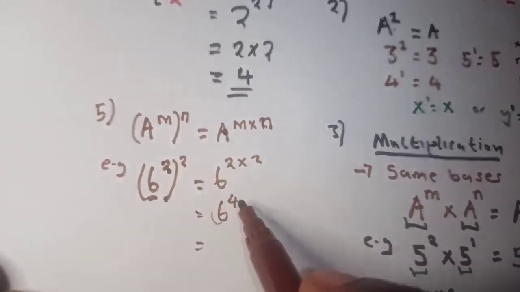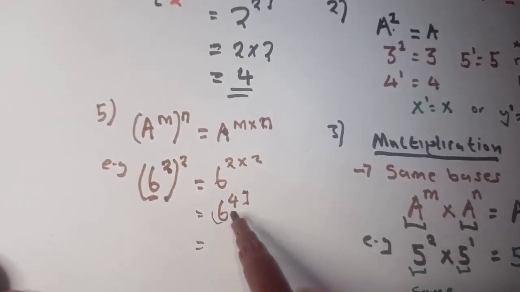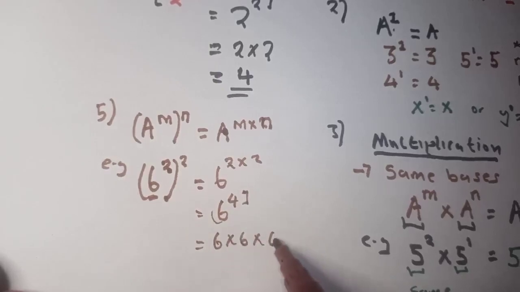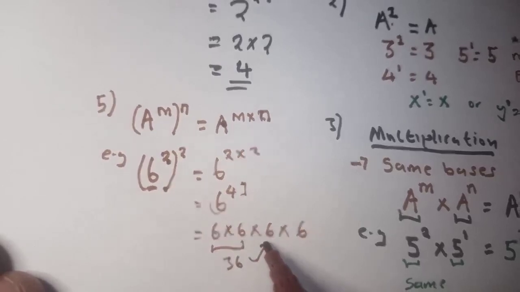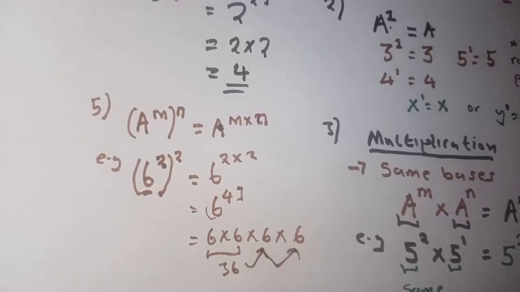Now, what does this 4 tell you? It tells you to multiply 6 by itself 4 times. 6 by 6 by 6 by 6. 6 by 6, you get 36 here. Then you multiply 36 by 6, and whatever you get, you multiply it by 6, and that will be your answer.